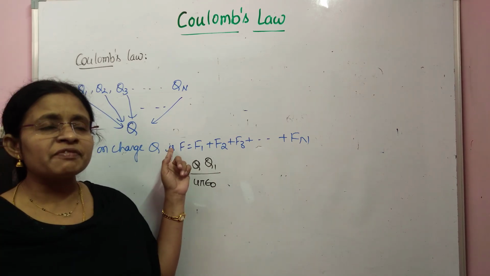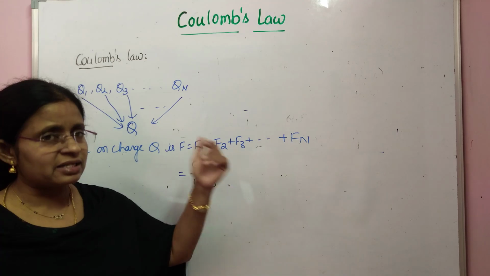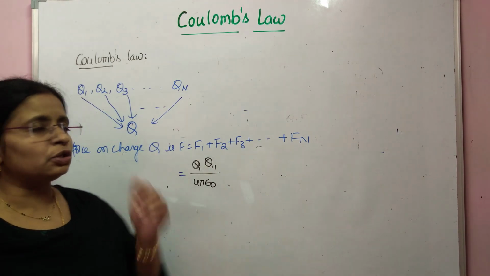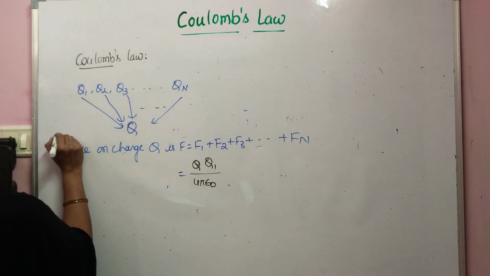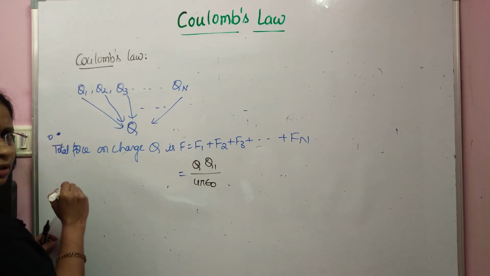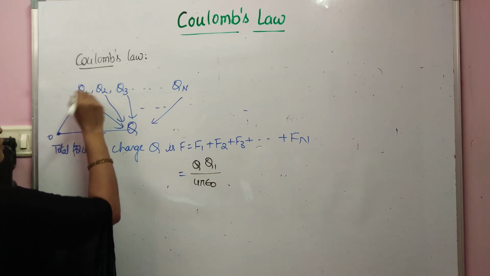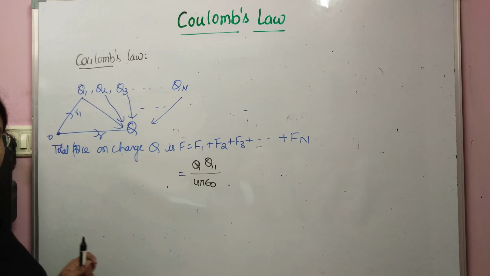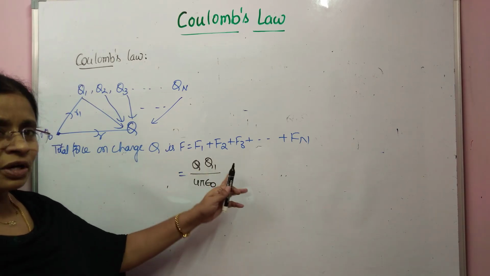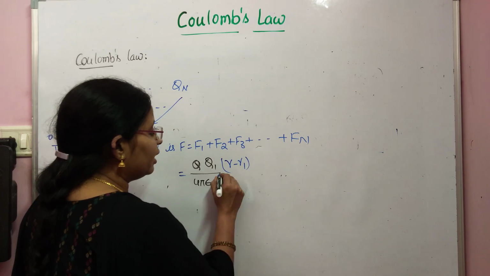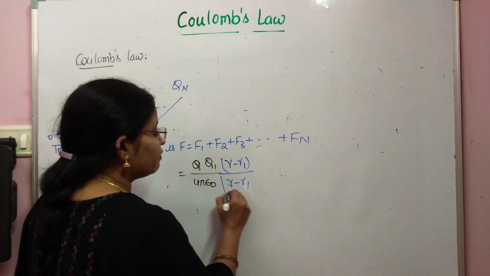Assume that the position vector of Q with respect to the origin is R, and the position vector of Q1 is R1. So it is R minus R1 by mod R minus R1 whole cube.